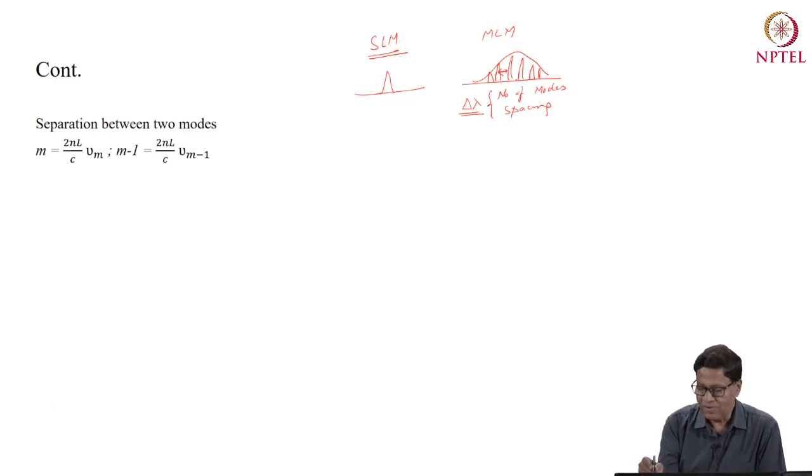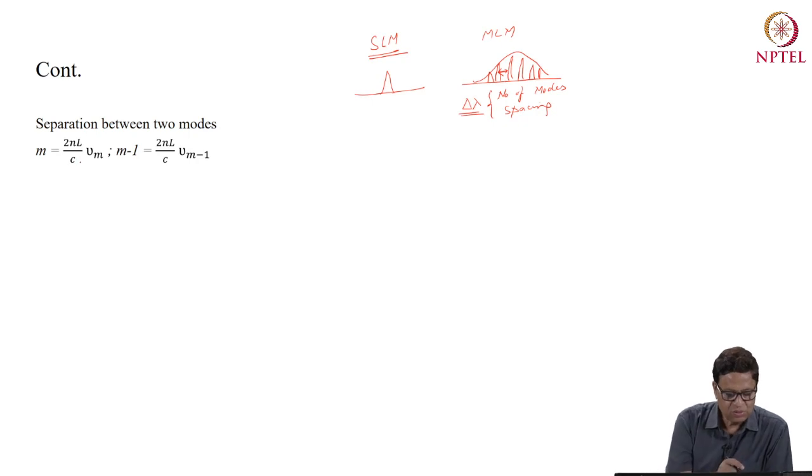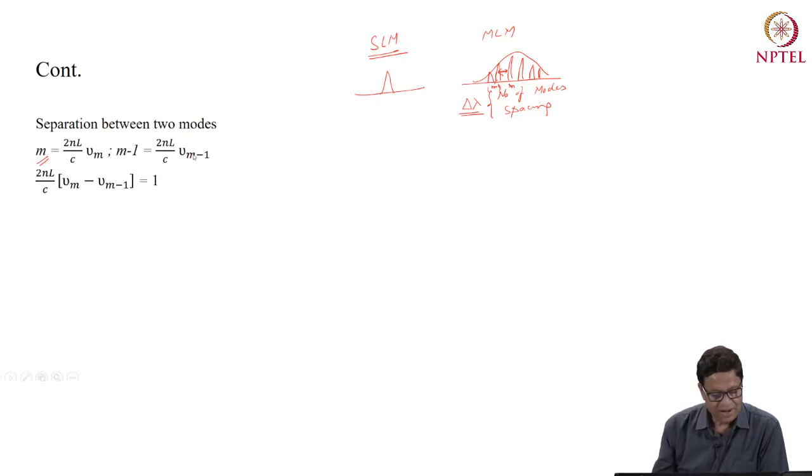To find the separation between two modes, m is equal to 2nL divided by c into nu m, corresponding to the mth mode. This is what we did just now. If you want to see the m minus 1 mode, this is m and this is m minus 1, this will give us 2nL divided by c into nu m minus 1. If I find the difference nu m minus nu m minus 1, it will be c by 2nL.